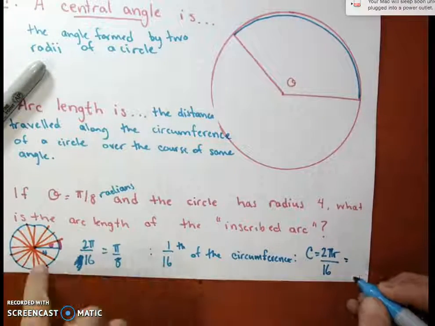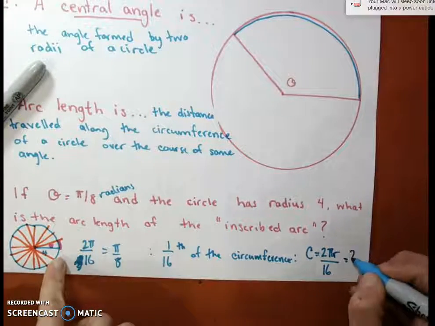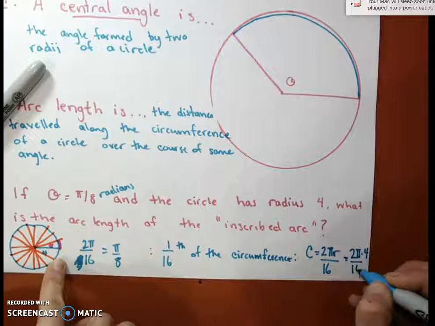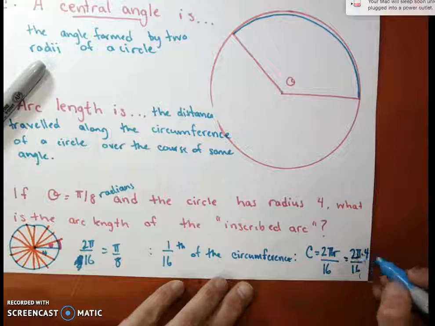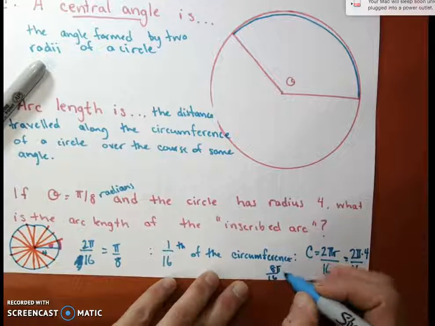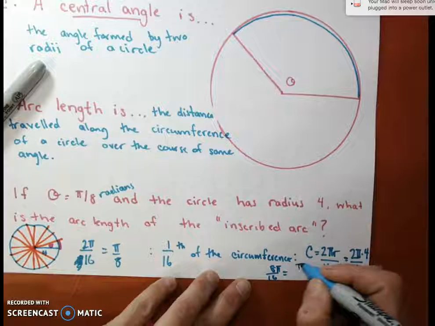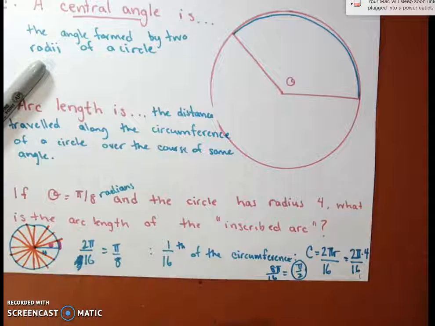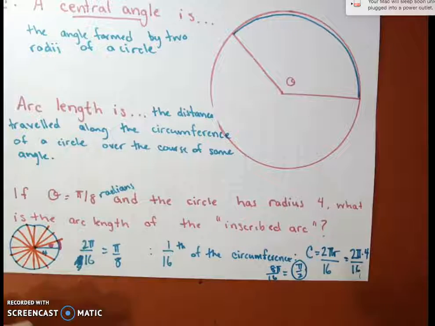And I'm given that r is 4, so I do 2 times pi times 4, divide it by 16, and that's going to give me 8 pi over 16, which is just pi over 2. So that's the arc length given by this problem.